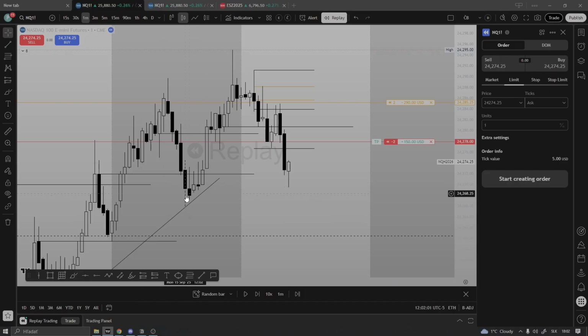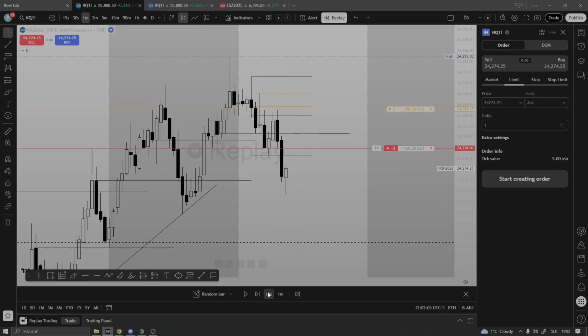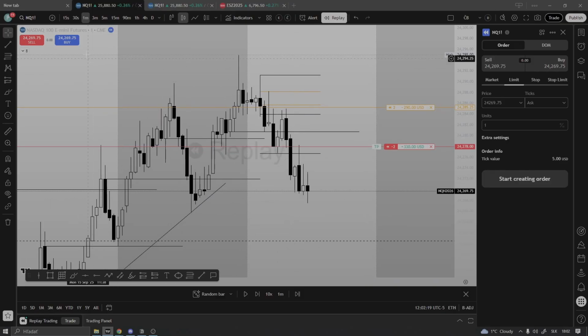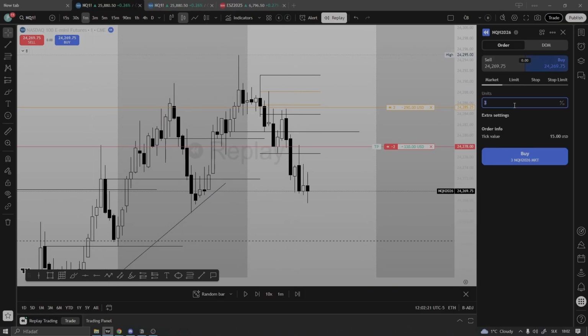We are kind of tapping that LRLR. We are not taking it for now. Okay. The next candle, maybe. We'll take it. No. So now, since we are just souping the lows, just to protect ourselves, we can take one off right here.